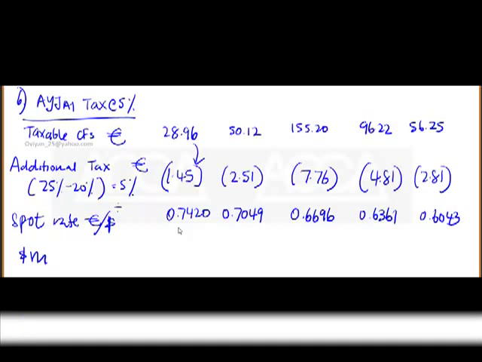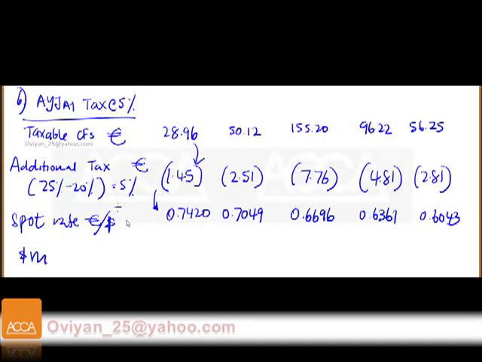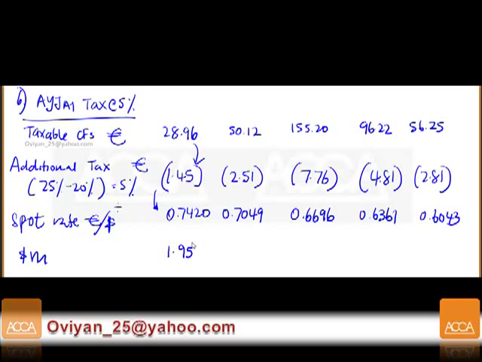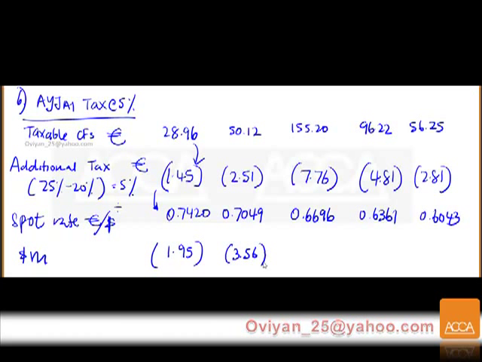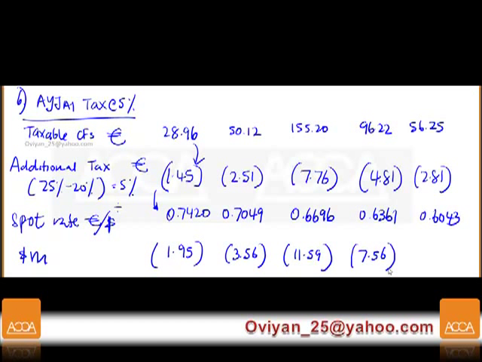Now you need to take this figure and you need to divide with this figure. It's going to be a bigger dollar. All right, this will be in dollar. 3.56, 11.59, 7.56, 4.65.